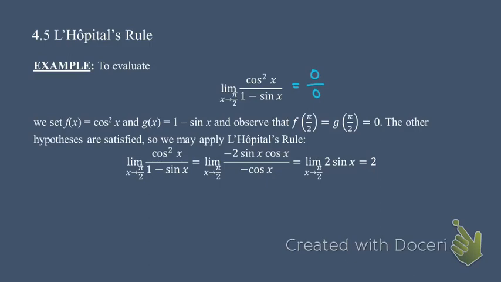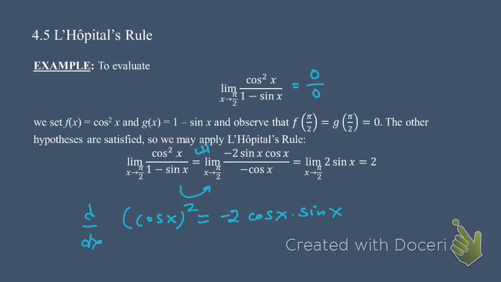When we take the derivative of cosine squared, remember this is cosine x to be squared, so we use 2 times cosine to the first power times the derivative of the inside, which is negative sine x.